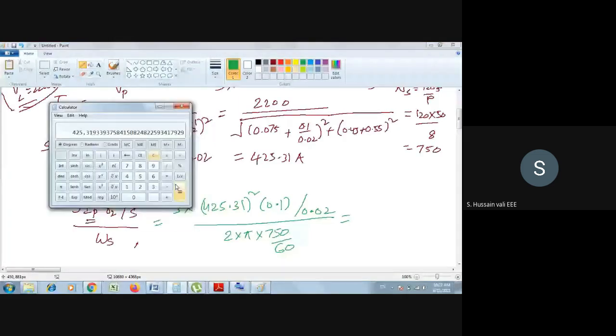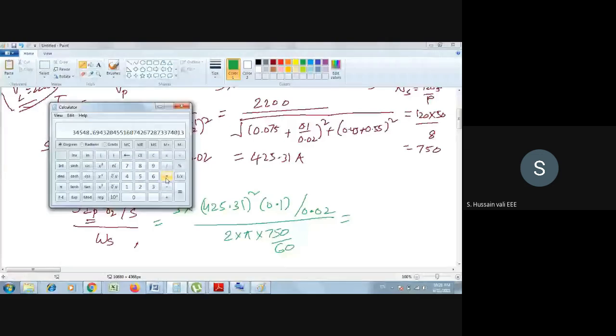So 425.31 square into 3 into 0.1 divided by 0.02 divided by 2 pi 750 by 60.